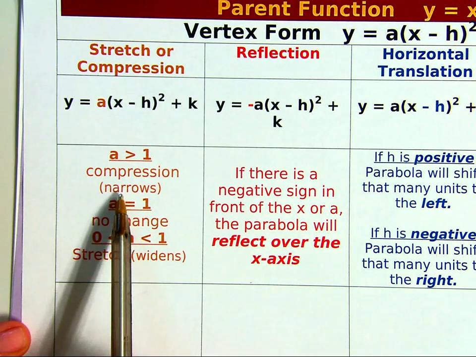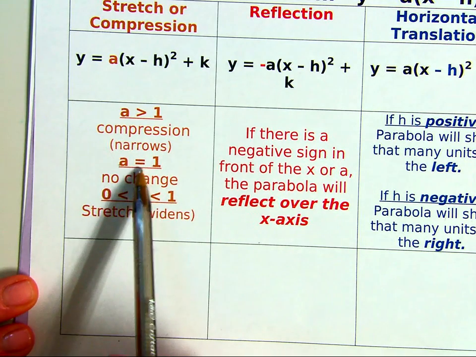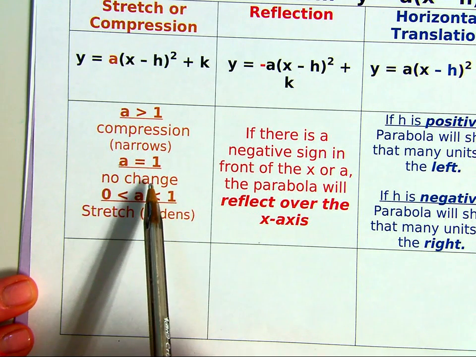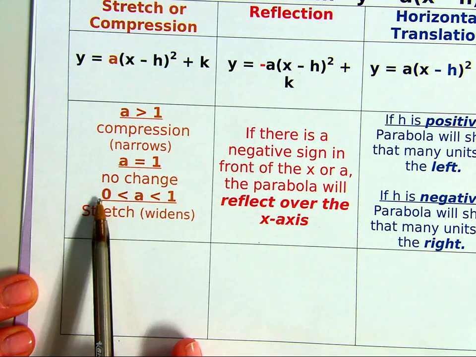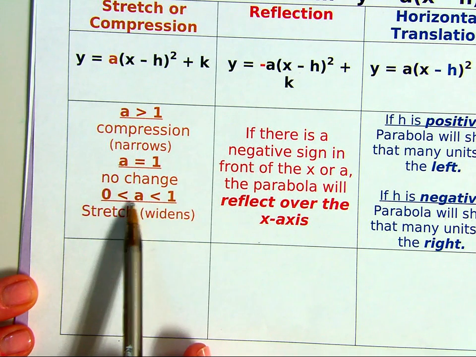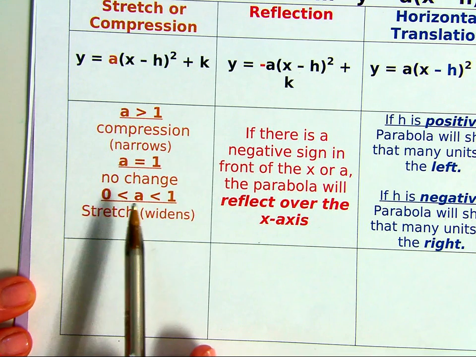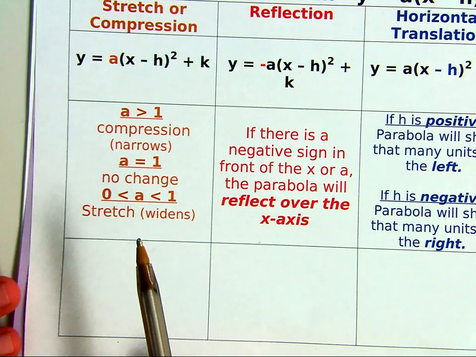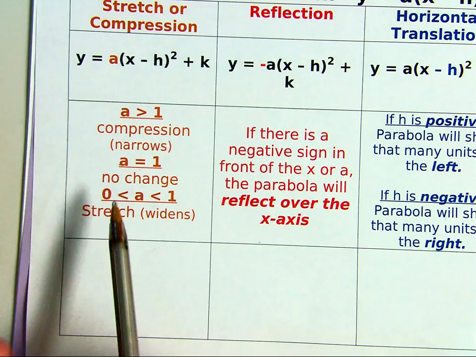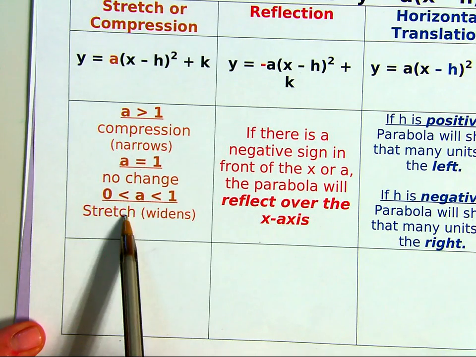So it does the opposite. If A equals 1, there is no change. It's the same as just the regular parent function. And if A is between 0 and 1, notice I didn't put less than 1, because less than 1 means negative numbers. And negative 8 gets way skinnier, right?